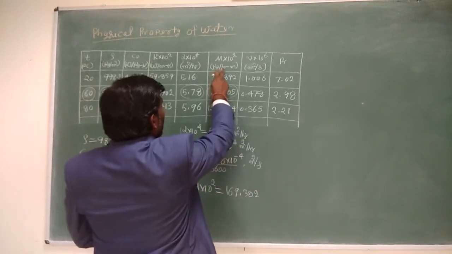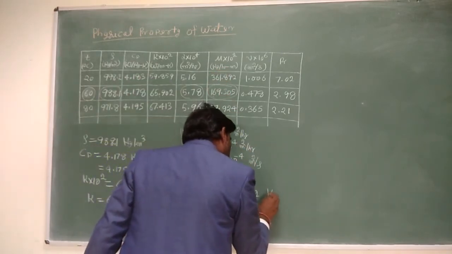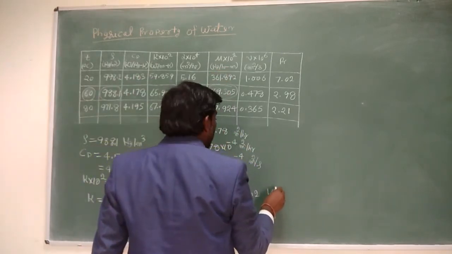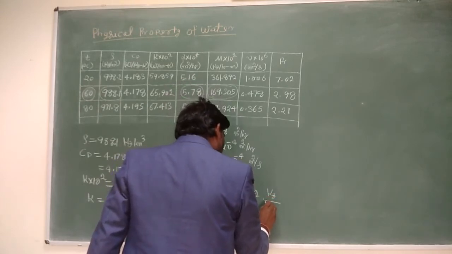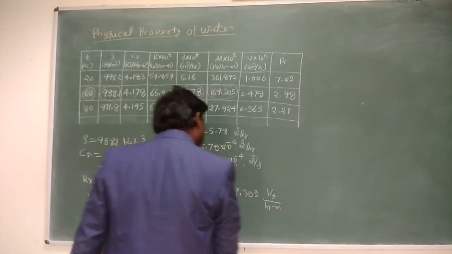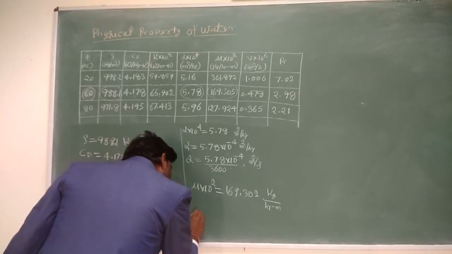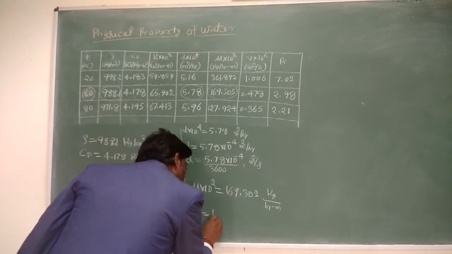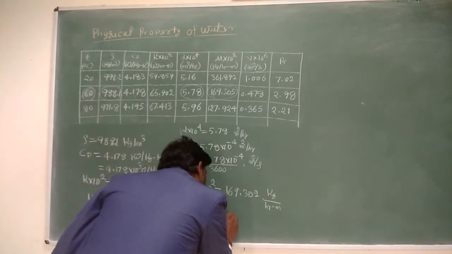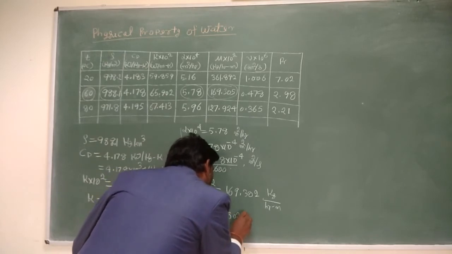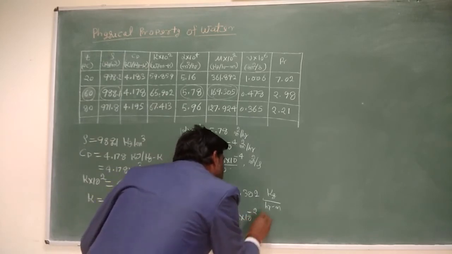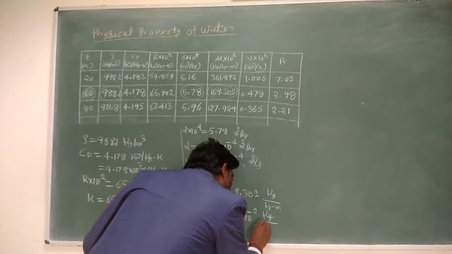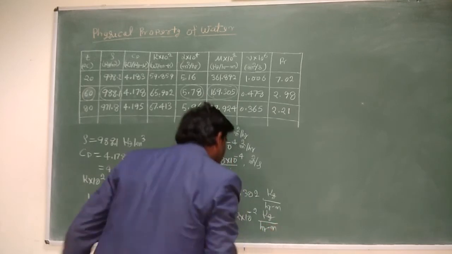Its unit is kilogram per hour into meter. So what will be the dynamic viscosity? This is equal to 169.302 into 10 to the power minus 2, this kilogram per hour meter.